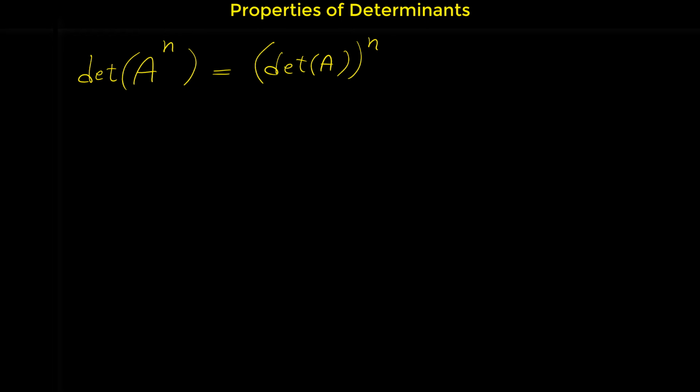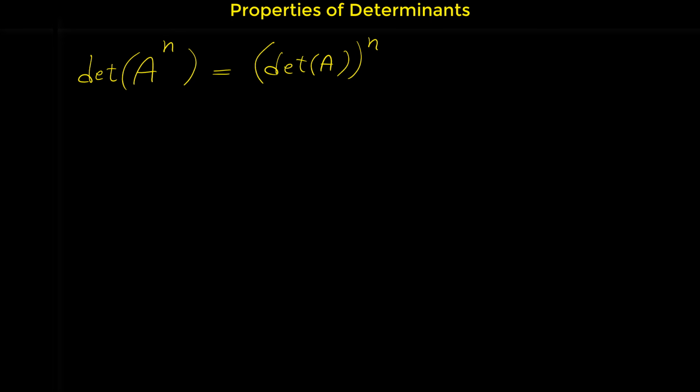So you can bring n out of the determinant and put it above the determinant. If you don't know what A to the n is, for example A to the 3 means multiply A by itself 3 times. So the power of a matrix means to multiply by itself, like the normal power for a number. This property is also one of the useful properties of determinants because it simplifies answering questions like this.